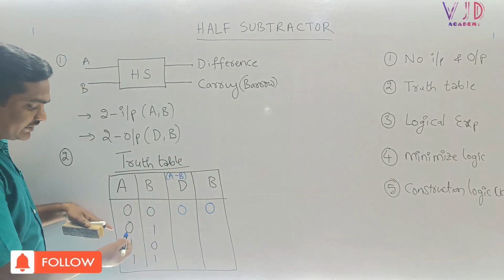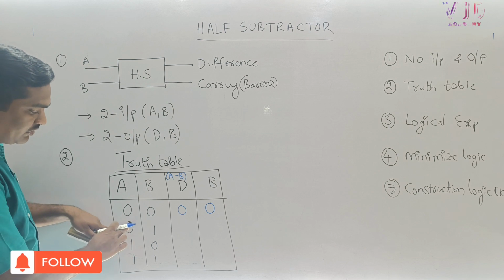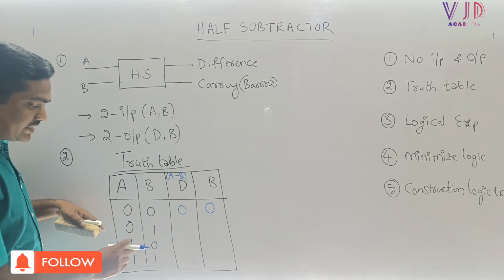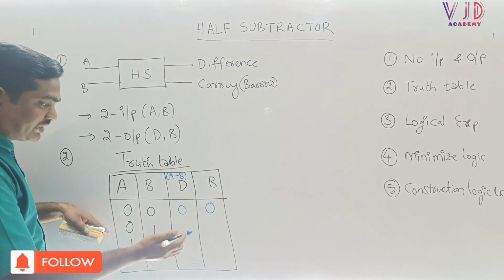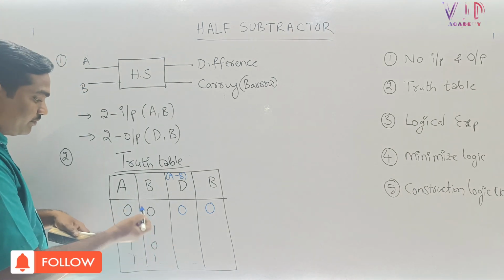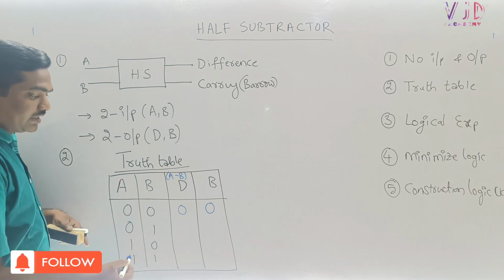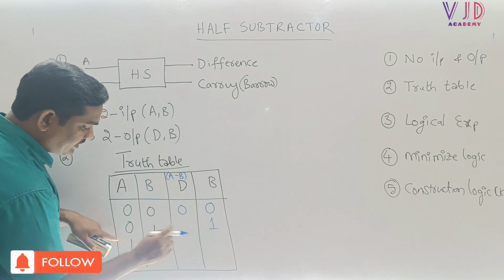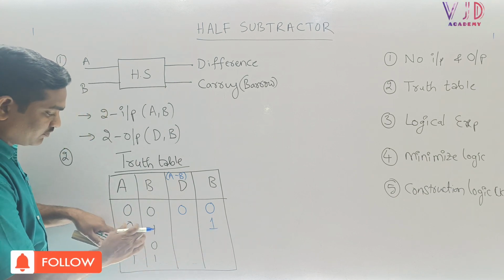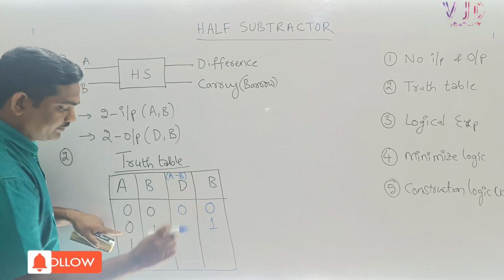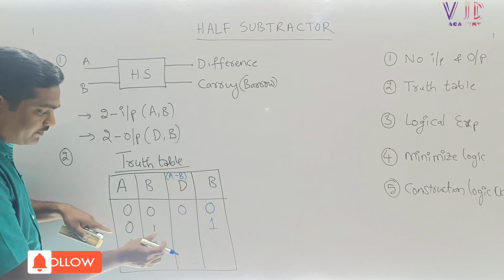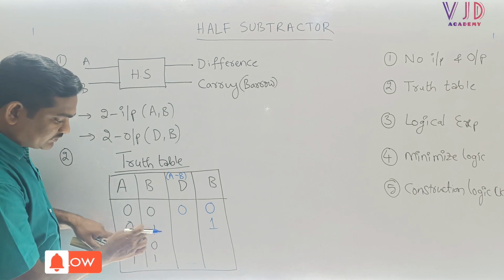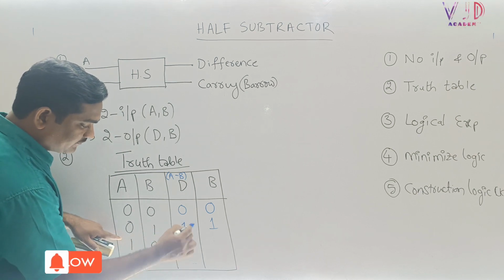Now the second one, 0 1, 0 minus 1 is not possible, so to make the difference we need to collect borrow from another value. So we put 1 for borrow. The moment we collect borrow, the A value becomes 2, and 2 minus 1 gives output 1.